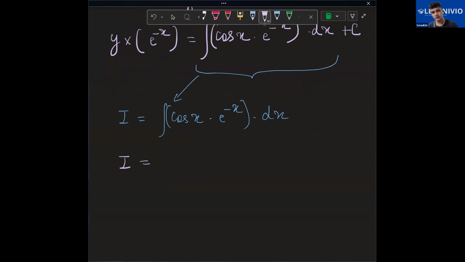You have two functions. We studied three types of methods: integration by substitution, integration by partial fraction, and integration by parts. Which method do we have to use?